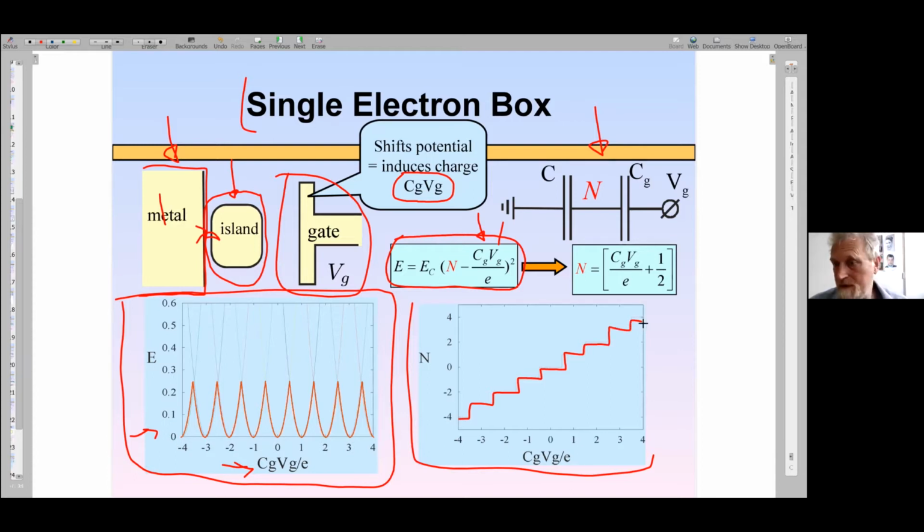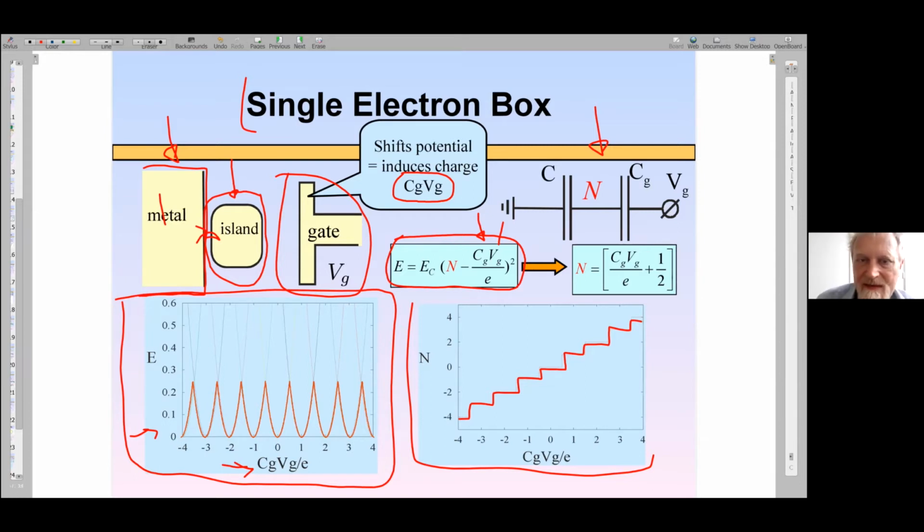This is how to see charge quantization in a single electron box. I should say, again, it was a response to a previous question, that this quantization is classical. It just relies on the fact that the number of particles in an isolated island is integer.